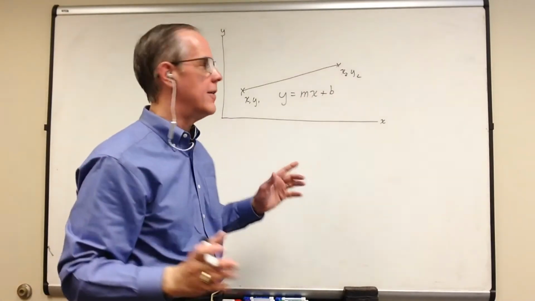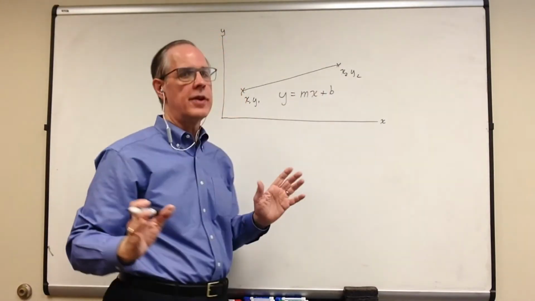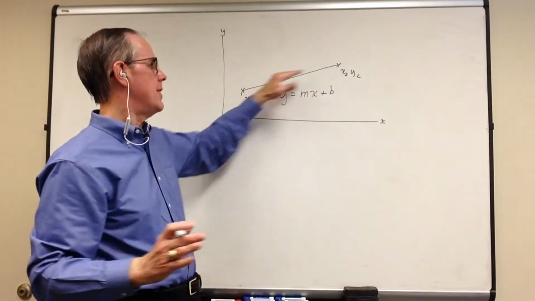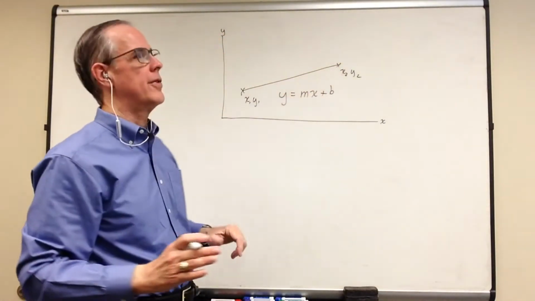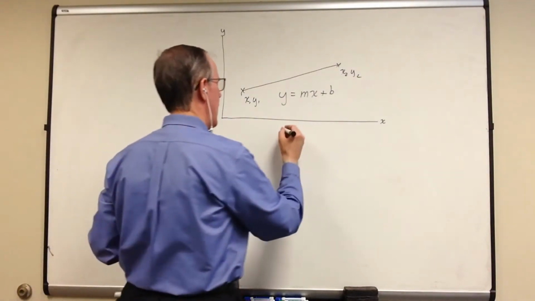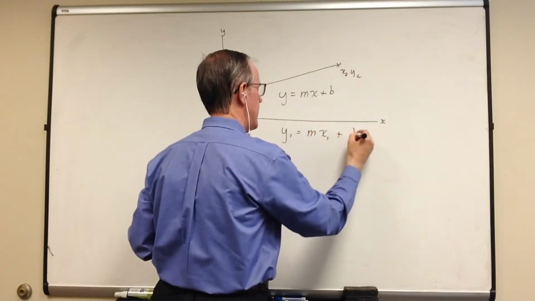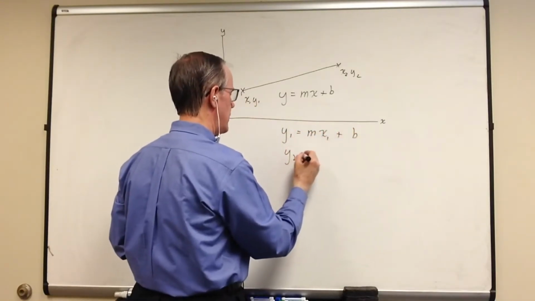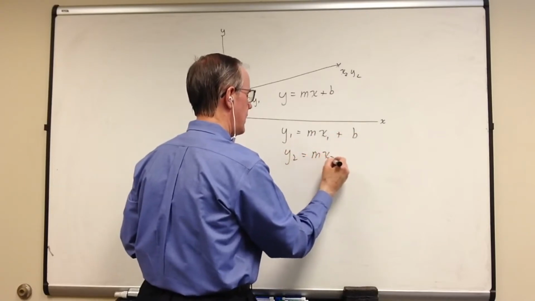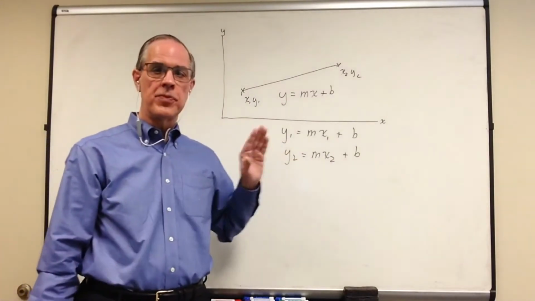If I know these 2 points, a line can be defined by simply 2 points. That's basic geometry. Mathematically, I would say that y1 is equal to mx1 plus b, and y2 is equal to mx2 plus b. I have 2 equations, 2 unknowns.